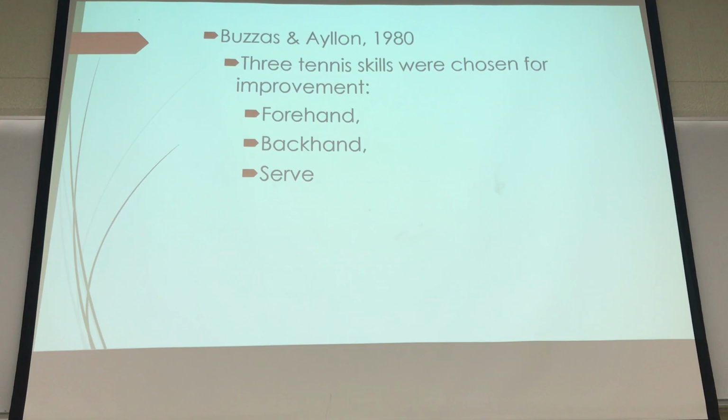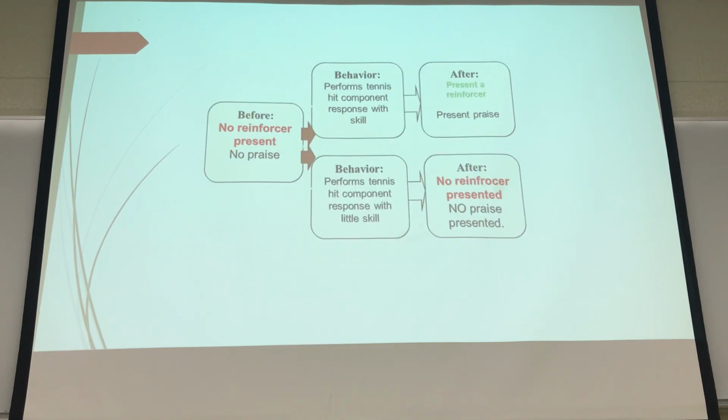So, what we have here is differential reinforcement for athletic skills. The coach praised skillful hits, whether it was a serve, a backhand, or a forehand. They praised skillful hits.